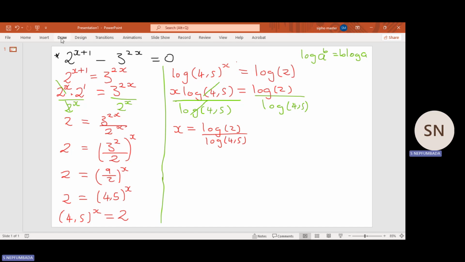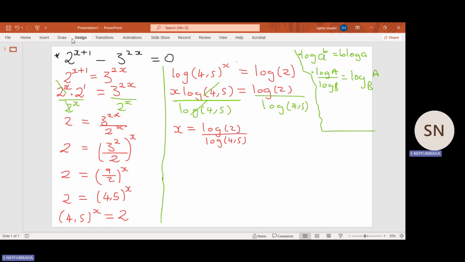Then we apply the rule which is called the changing base law. It says if we've got log a divided by log b, this is the same as log where the one in the denominator becomes the base, and the one in the numerator becomes the exponent.